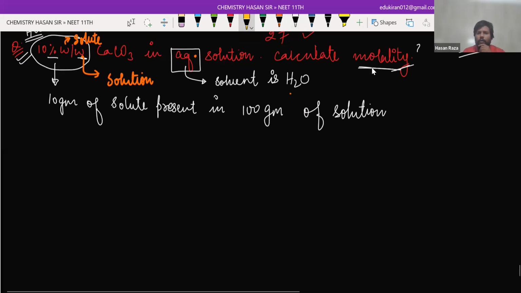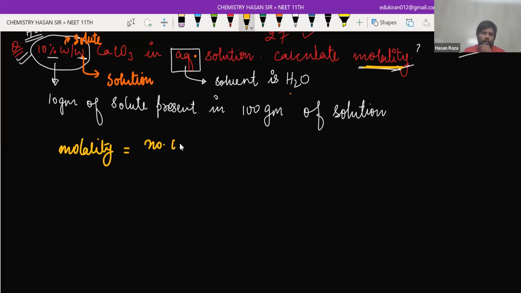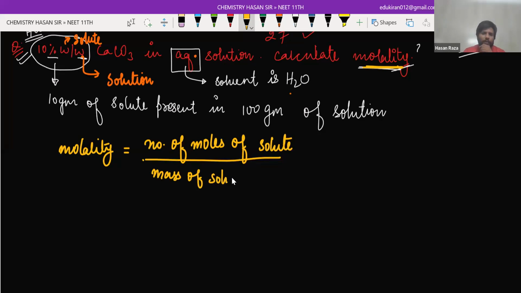Now, to apply the formula of molality: molality equals number of moles of solute upon mass of solvent in kg. In the question there is no number of moles of solute given, but we can calculate it. It is equal to given mass upon molar mass.